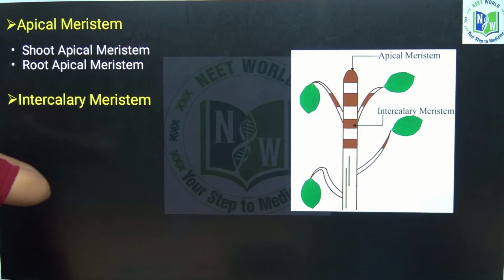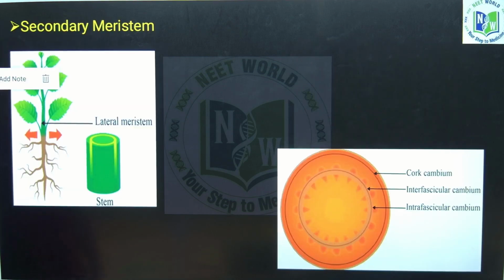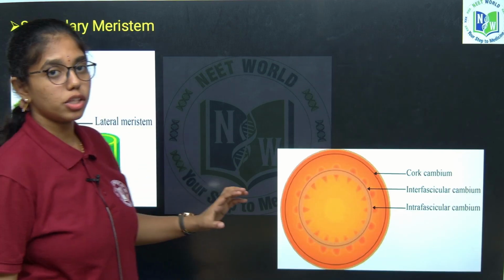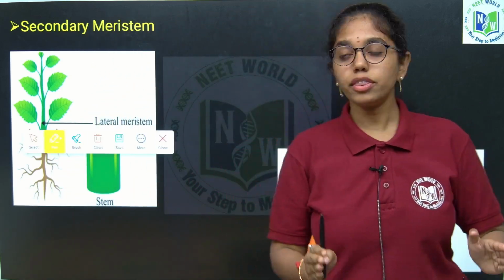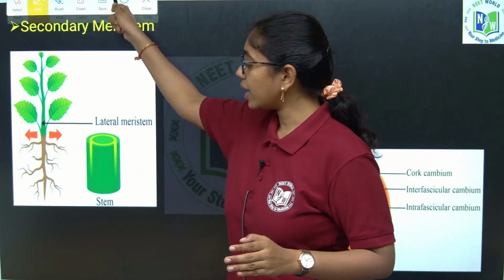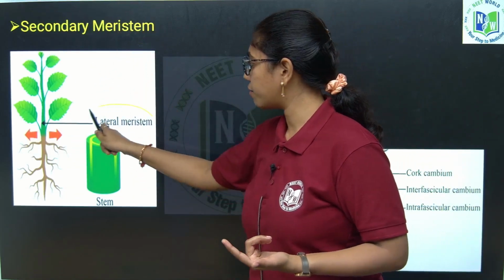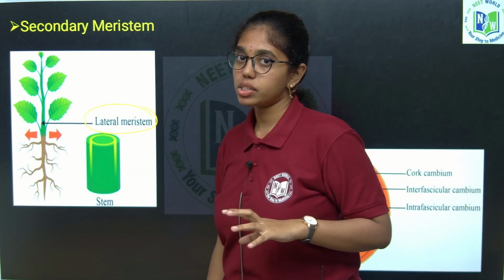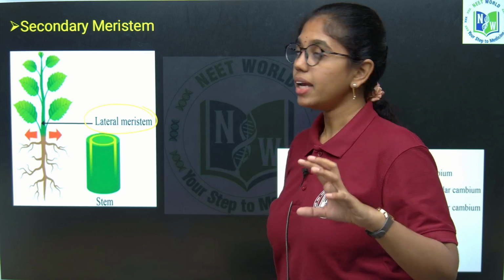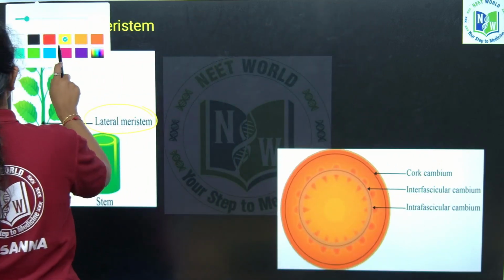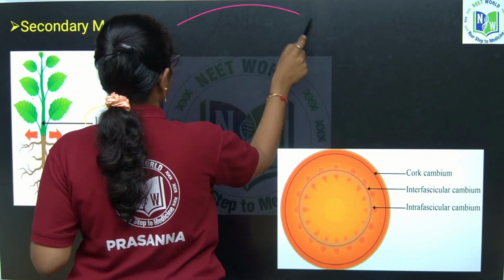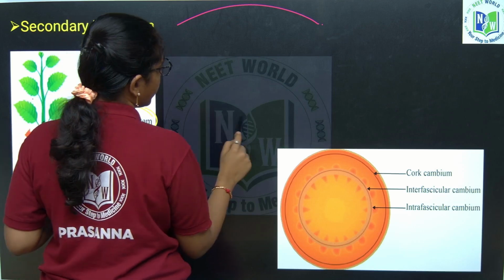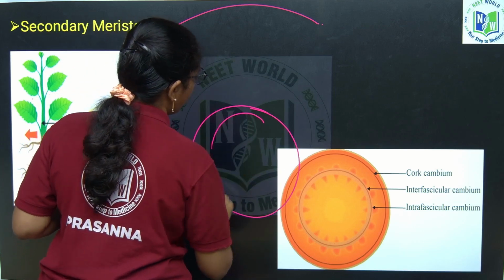Now, if we look into the secondary meristem, its main function is to increase the girth of the plant. As they appear in the later part of the plant's life, it is called lateral meristem. As it comes after the primary meristem, it is called secondary meristem. To analyze the secondary meristems better, take the basic structure of a plant.